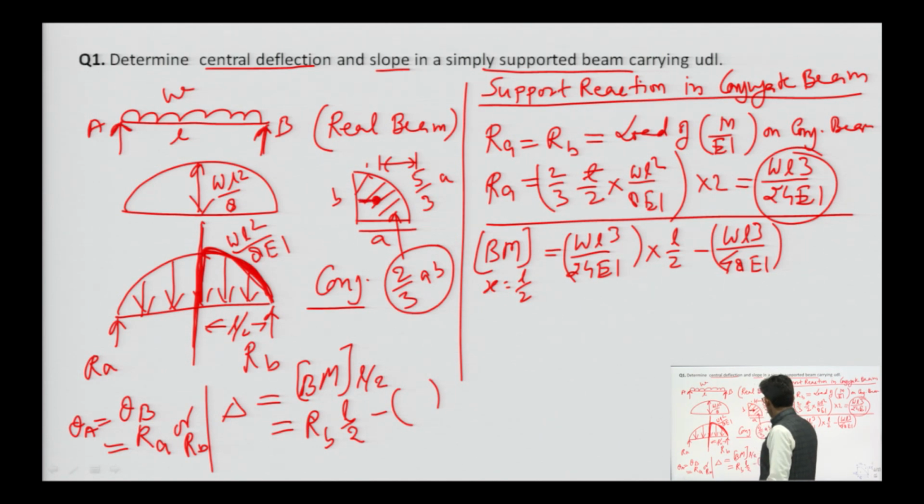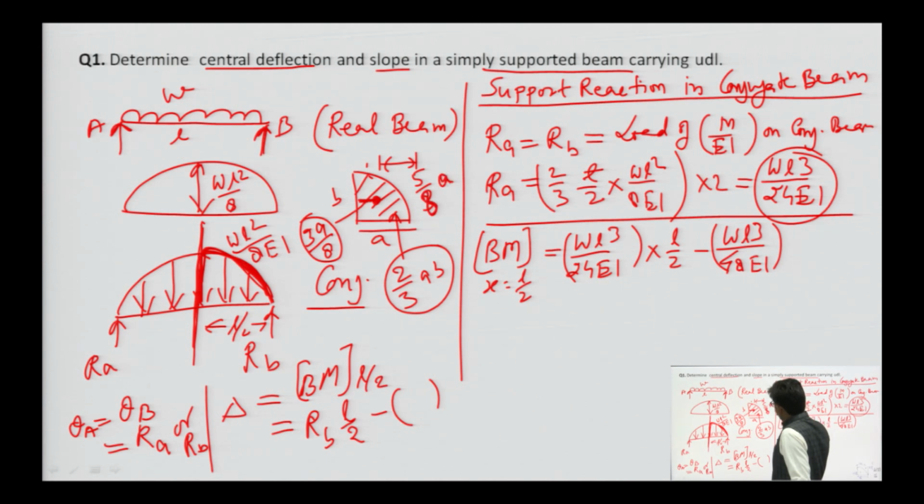If this is 5 by 3, I think this is wrong. This one length is 3a by 8. So this will be 5 by 8.